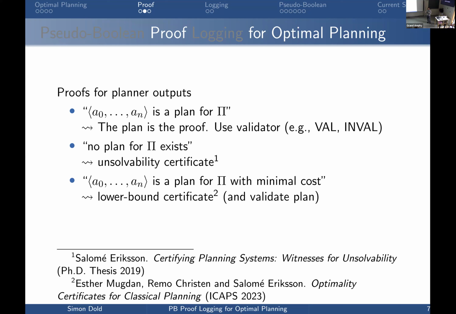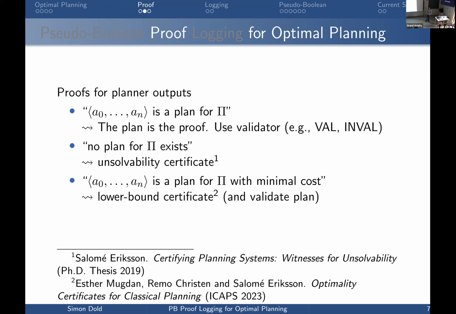The other possible output is that the planner says no plan exists. For that, there is a line of research by Salome Eriksson, and she provided some unsolvability certificates that work on unreachability and unsolvability of different states and sets of states. And this line of research was also extended for optimal planning.